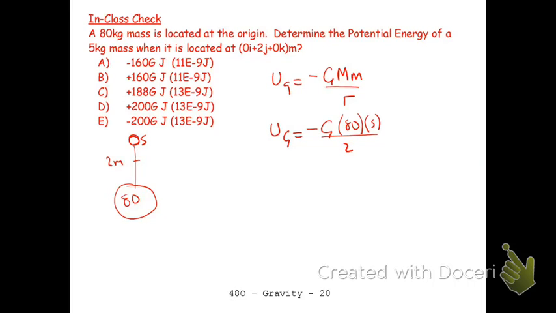Doesn't matter which direction it's in. There's no positives and negatives in directions for this. So this equals minus 40 times 5, 4 5s are 20, 200 G joules. Cool? Must be a negative number. Agreed? I didn't mess up, did I?